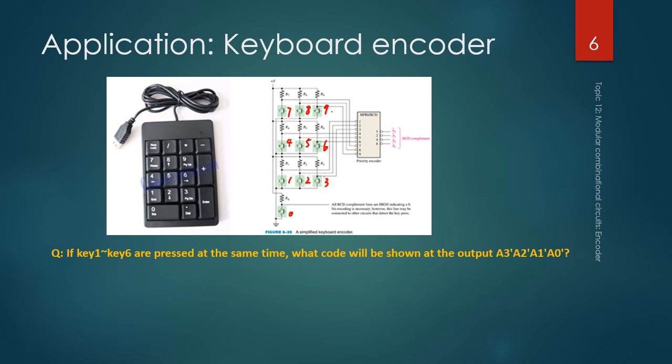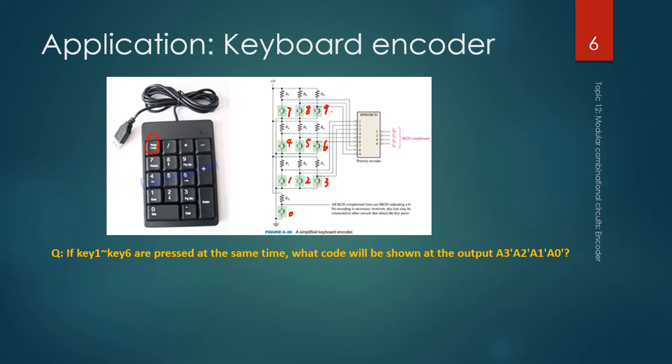Lastly, let's look at a very common application for encoders, and you can see them in the keyboard circuit. In the graph, you will see this 16 key keyboard here, and you know that this is the kind of switch that turns on and off. It has 16 keys.